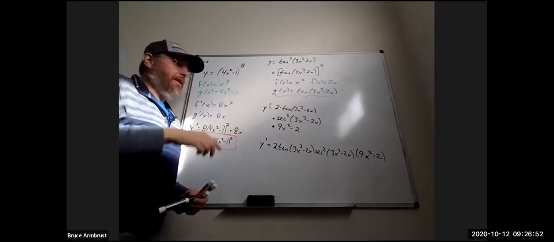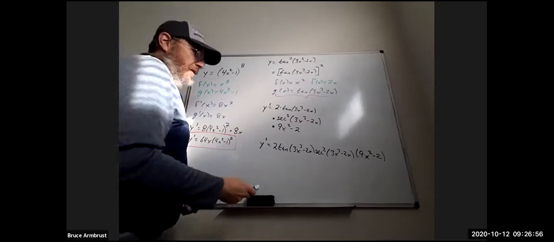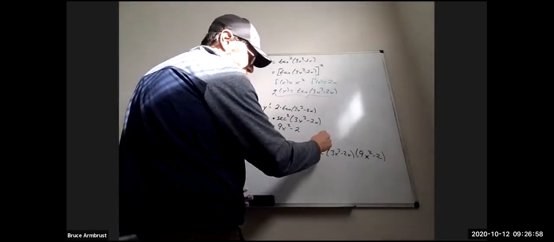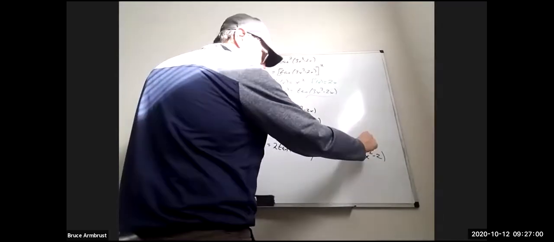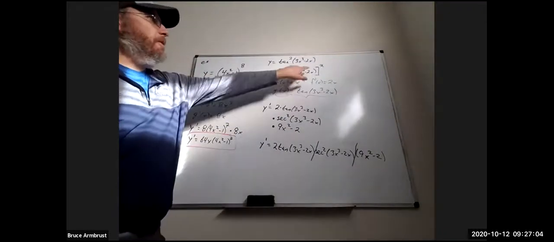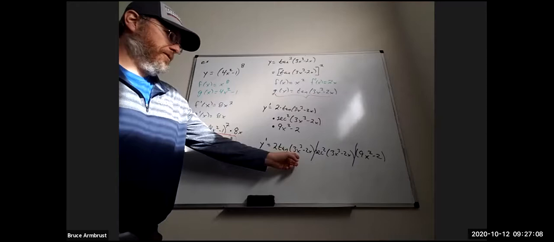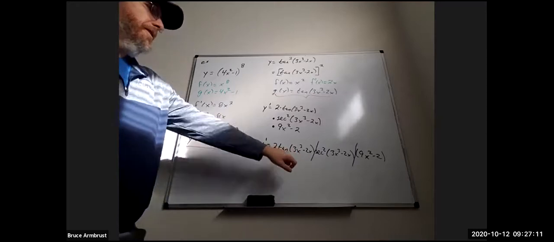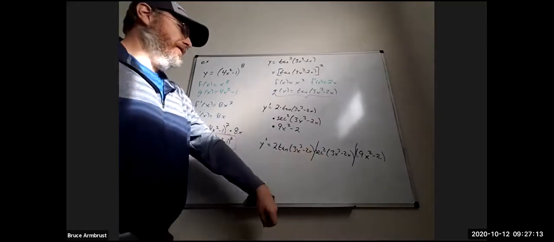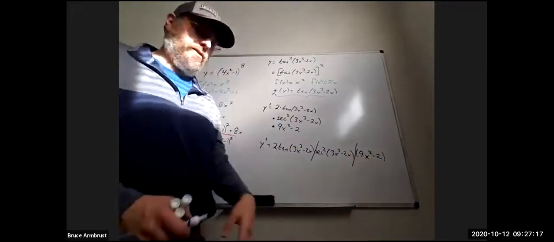And you literally can see all of the derivatives. Let me put little spacers here so you can see where they all happened. The derivative of something squared is 2 times that thing. The derivative of tangent is secant squared. The derivative of 3x cubed minus 2x is 9x squared minus 2.